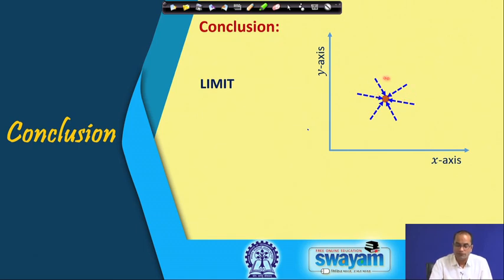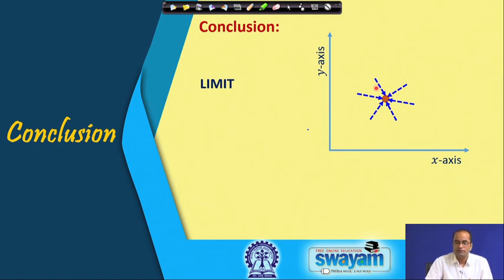So, for computing the limit, we have seen two approaches. One was changing to polar coordinates, which would be helpful. In that case, for example, if the limit in the question is approaching the origin, we can say r approaches 0 independently of theta.